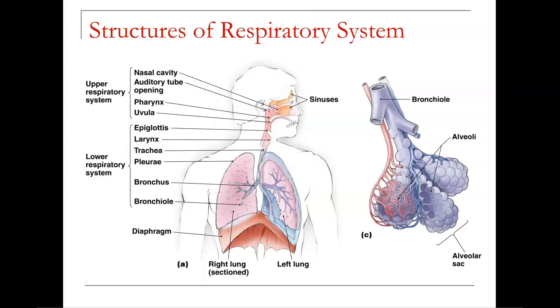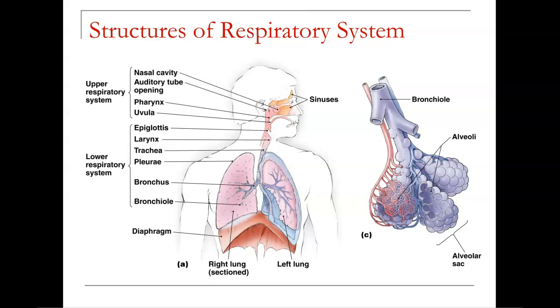Now, looking at the lower respiratory system, this includes structures such as the pharynx, the larynx, which is your voice box, the trachea, which is your windpipe, the bronchi, bronchioles, lungs, and alveoli. All these are the structures that you see there.